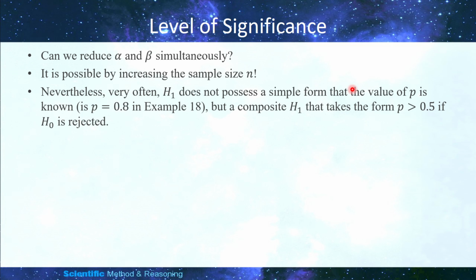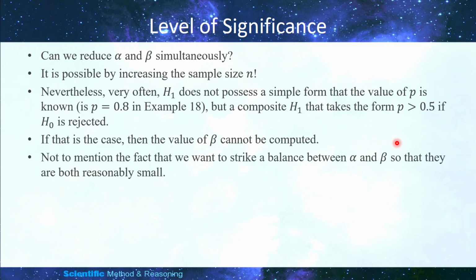We just want to know whether this group of so-called professional investors has a higher probability than an ordinary person in making a correct prediction on the up and down of the Hang Seng Index. So sometimes we would be interested in testing the alternative hypothesis that p is only greater than 0.5. If this is the case, then the value of beta, the probability of committing a type 2 error, cannot be computed.